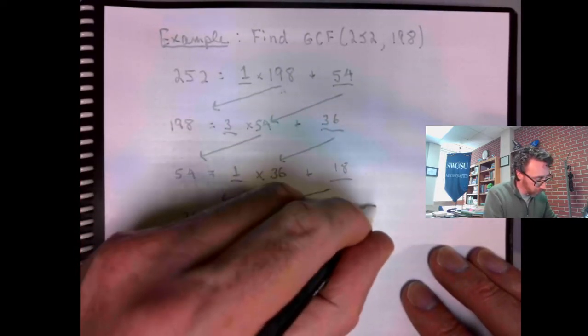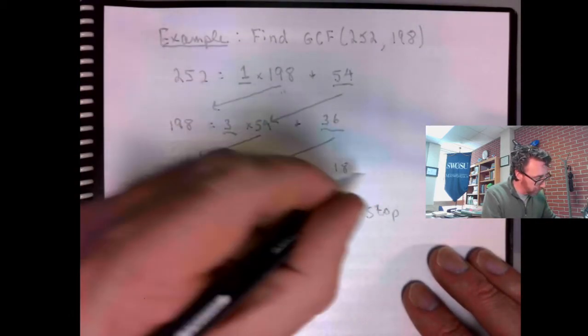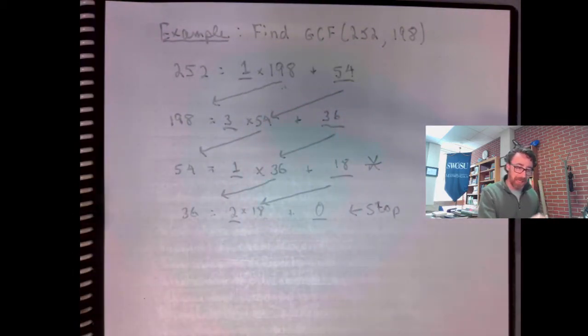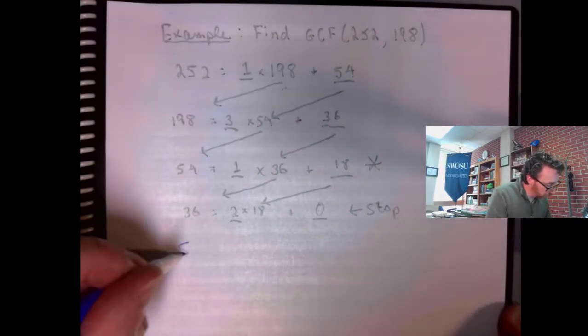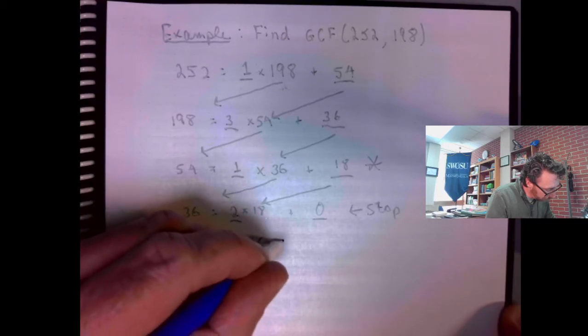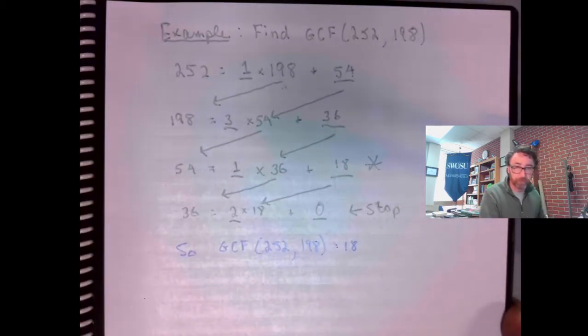So as before, once we get a 0 remainder, we stop. Okay. And the last non-zero remainder, that's our GCF. So the GCF of 252 and 198 is 18.